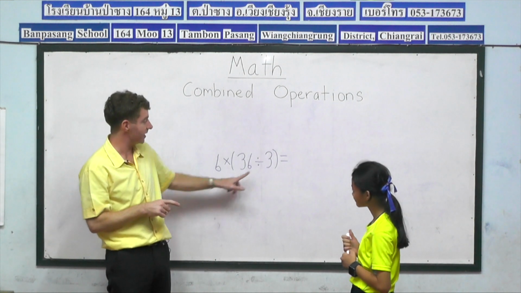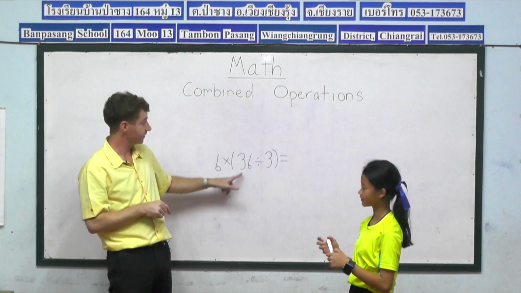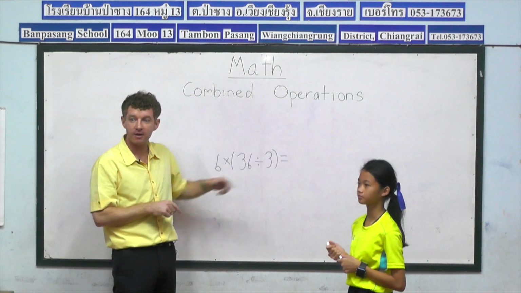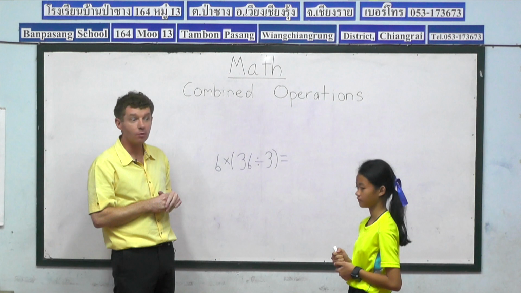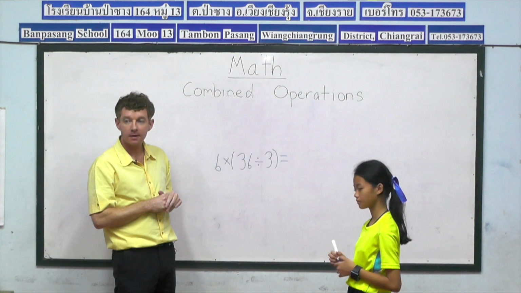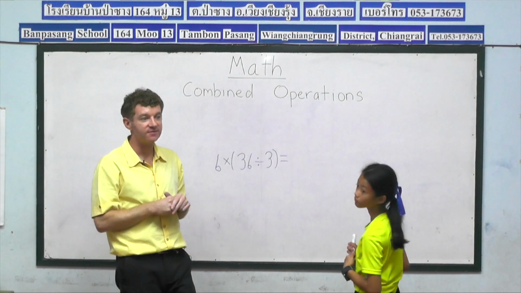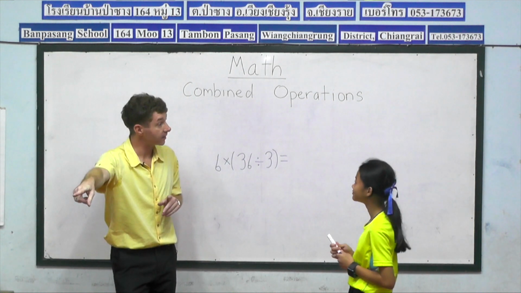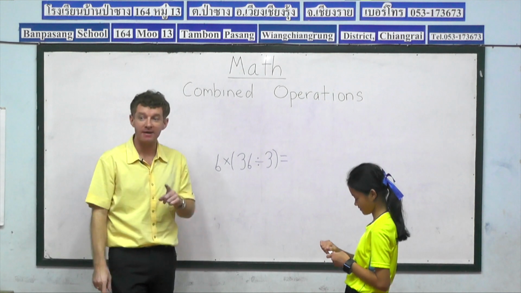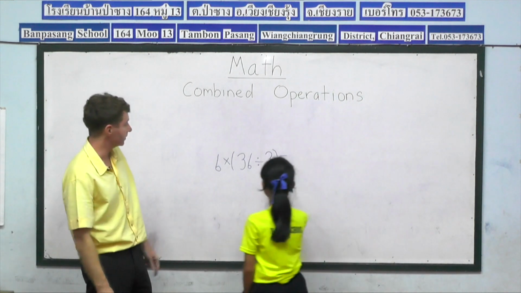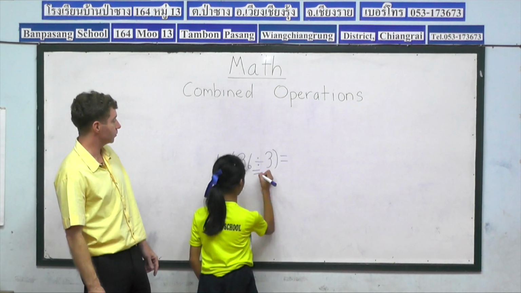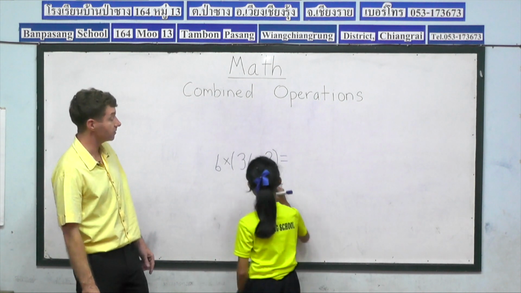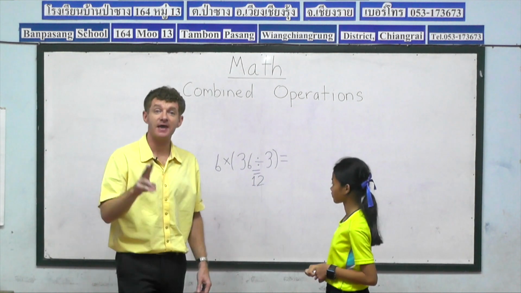Where do we start, guys? 36 divided by 3 equals, how many times does 3 go into 36? 12. Is that correct? Yes. Okay, if we get the right answer, we can put here 12 equals 12. Excellent, Dan. But we're not finished yet. It's time for step 2.